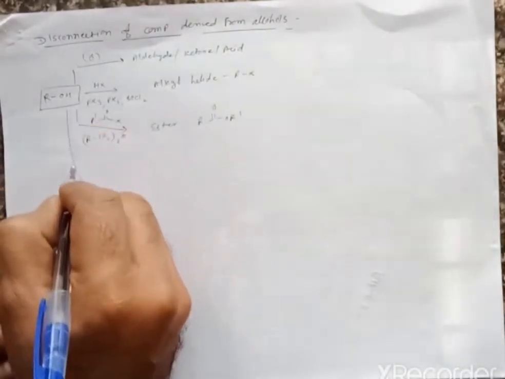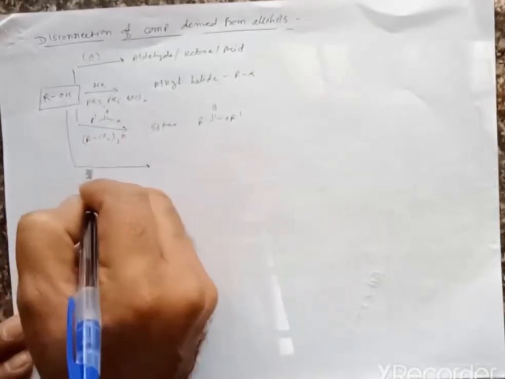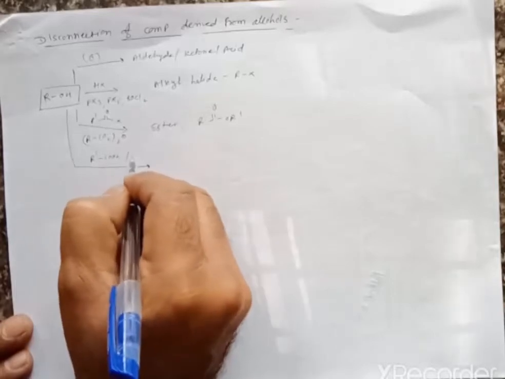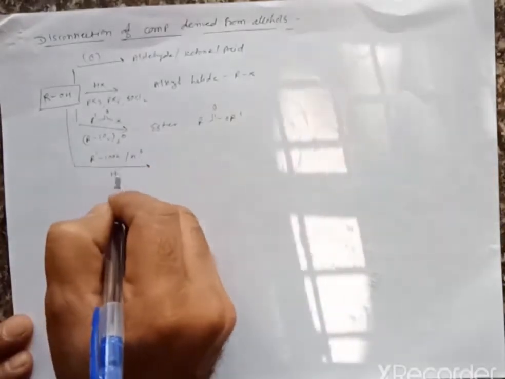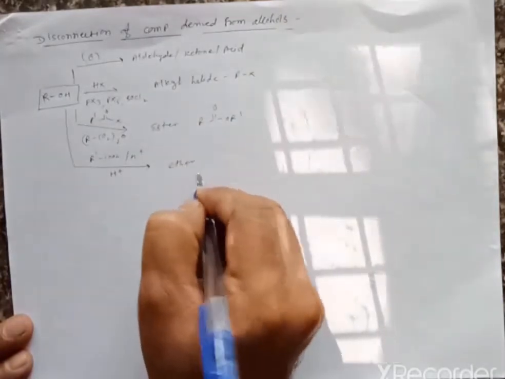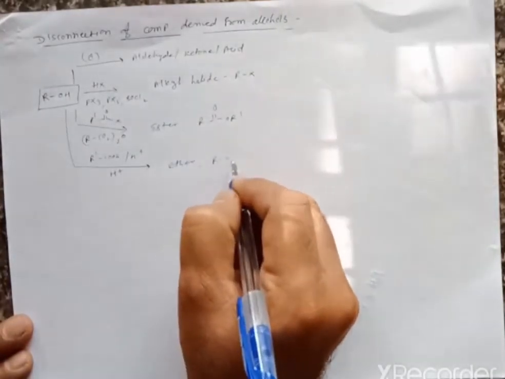Or sometimes if we treat these alcohols with acids RCOOH in the presence of H+, it gives the formation of ether, right? So for the retrosynthesis of ether, we can take alcohol as a starting compound.